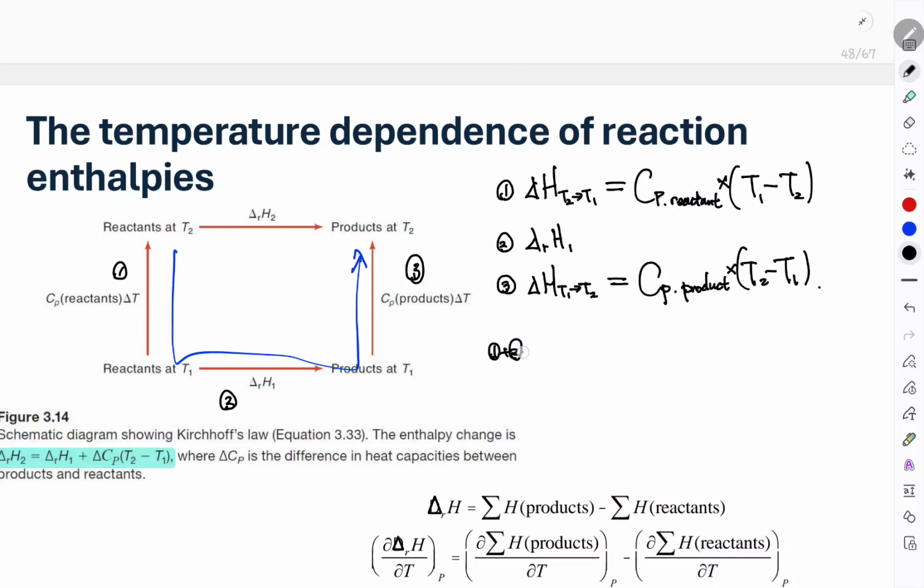So let me write here. Finally, this one is the sum of the first, second, and third steps. So it will be product, reaction.